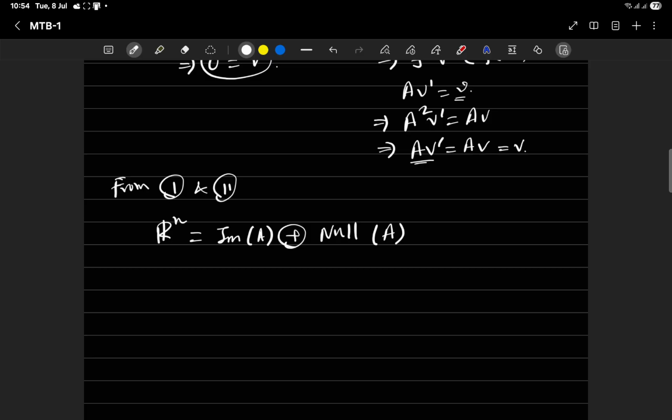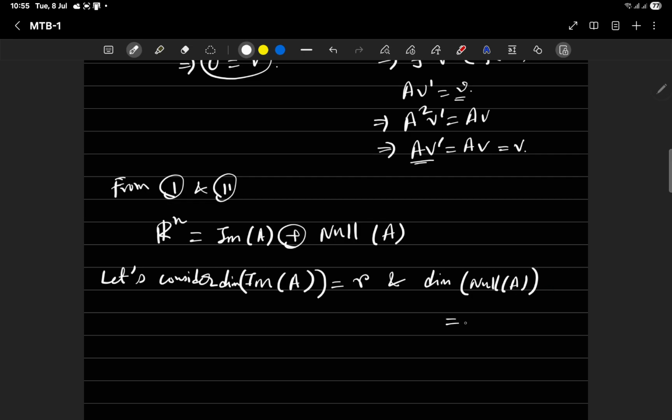here is an important thing to remember. So let us consider that the dimension of image of A is, let's say, R, and the dimension of null space of A, what would it be?